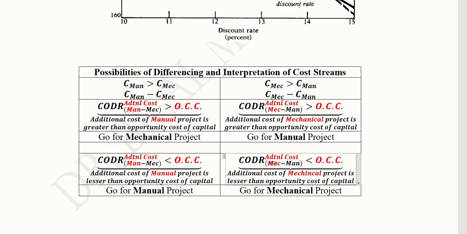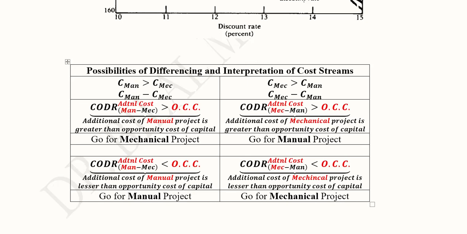Here the mechanical technique is appearing first, and if it is less than the opportunity cost of capital, that is the crossover discount rate, then we can say that mechanical technique is cheaper as compared to the opportunity cost of capital. So mechanical technique should be preferred. So these are four possibilities of comparison between manual and mechanical techniques on the basis of their intercomparison, if either of them is greater than each other.